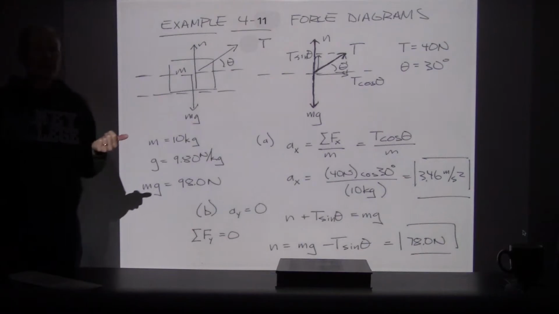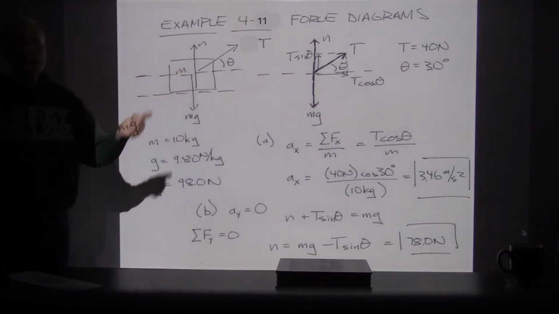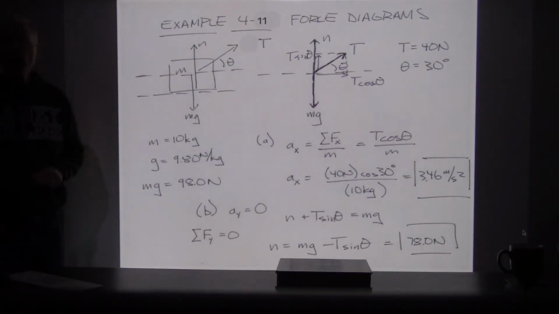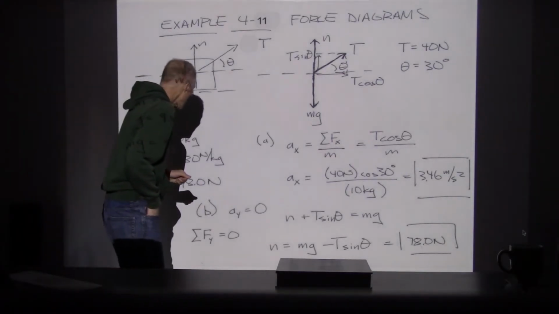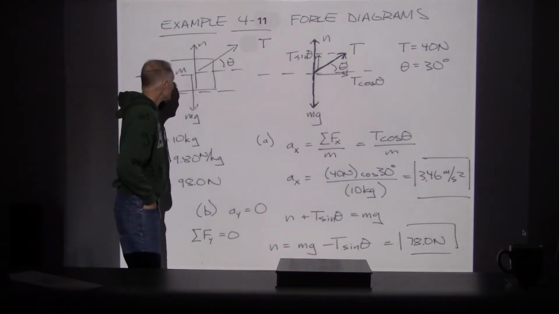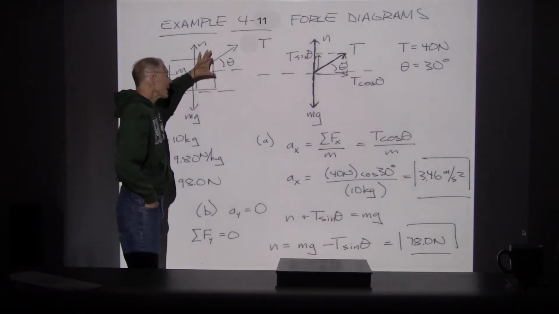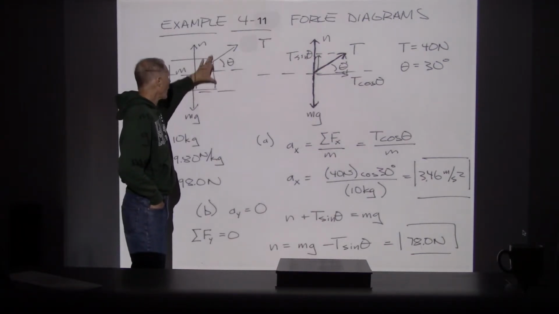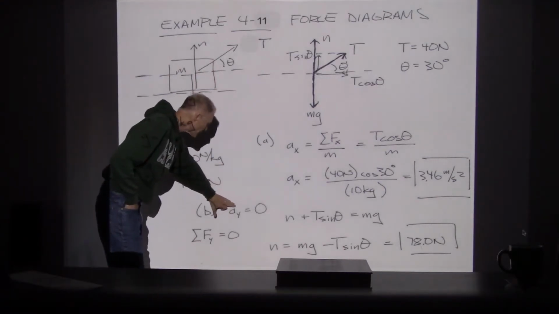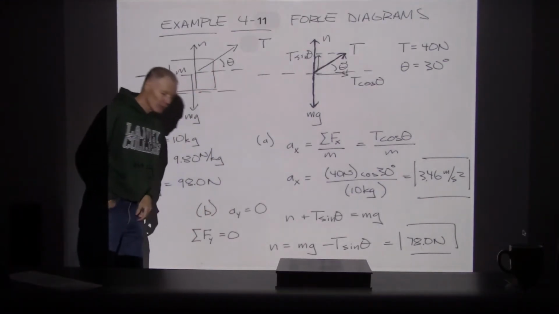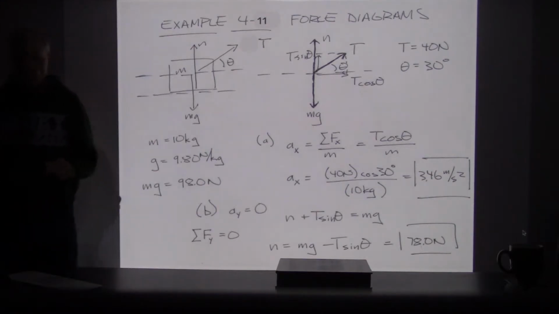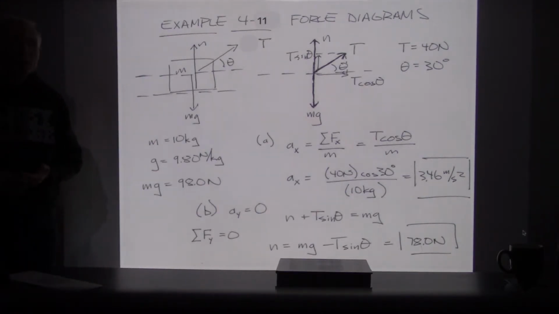So it looks like we're not going to be lifting this box off the surface; it's sliding along the tabletop. If it just slides along the surface, that's zero acceleration in the y. So in the y direction, the acceleration is zero, which tells us the net force is zero, and all the forces have to cancel out.